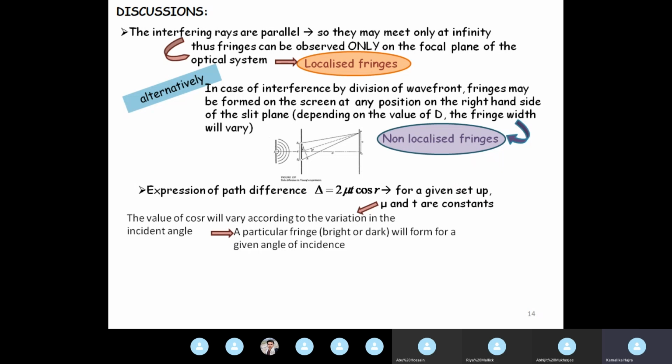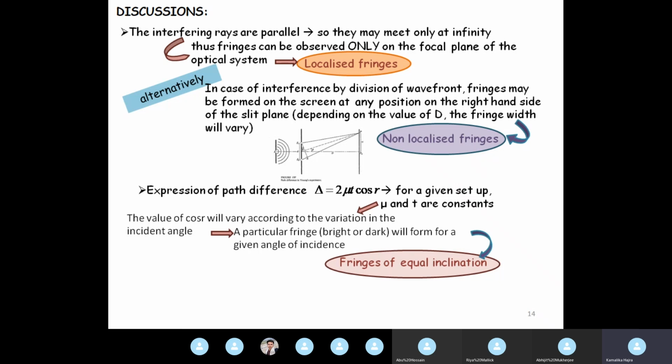It's just opposite for the two cases. But that is the condition of brightness or darkness. So for a particular delta, the only thing that will vary to decide whether the fringe is bright or dark is depending only on the angle of incidence. So a fringe will form for a given angle of incidence.